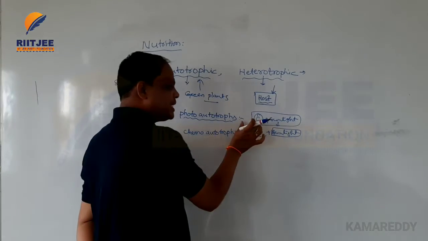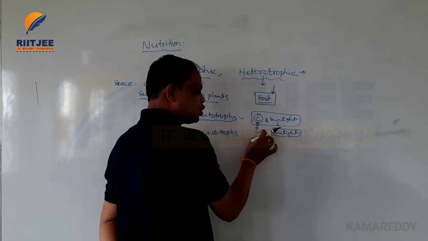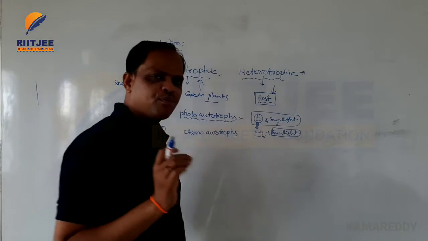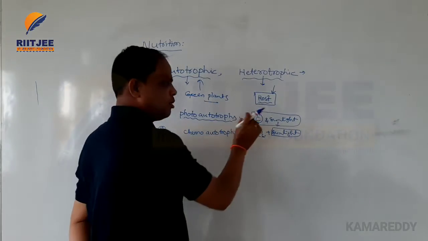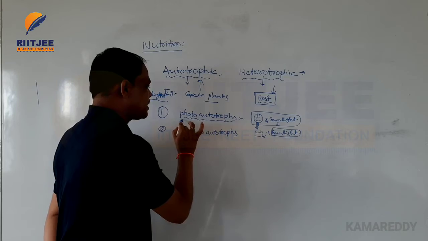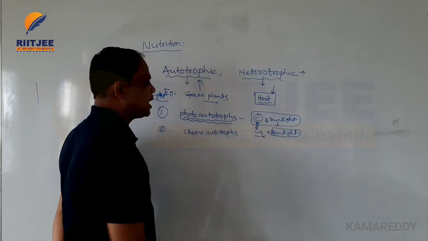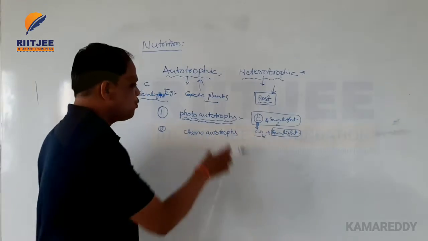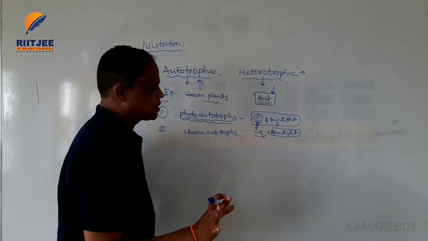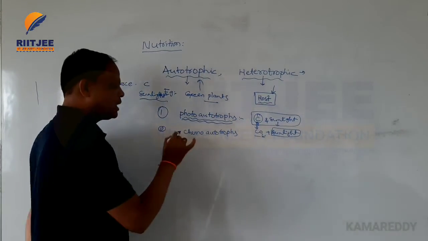With utilization of environmental CO2 as carbon and sunlight as light, in the presence of chlorophyll, they can manufacture food materials. Such bacteria or organisms are called photoautotrophs. Okay, right.